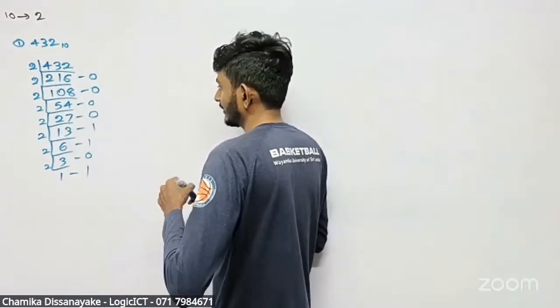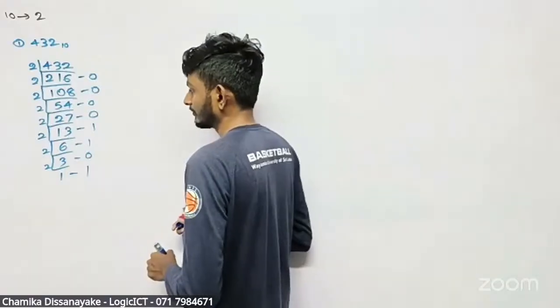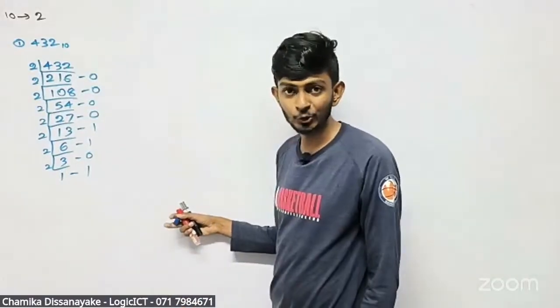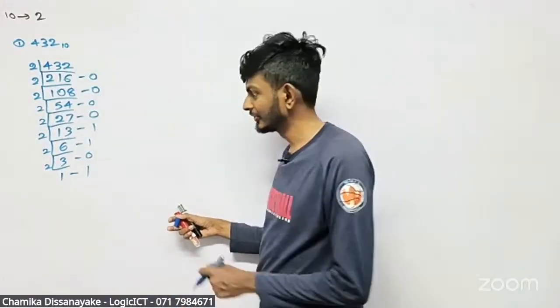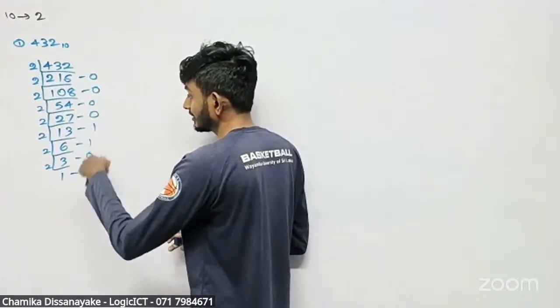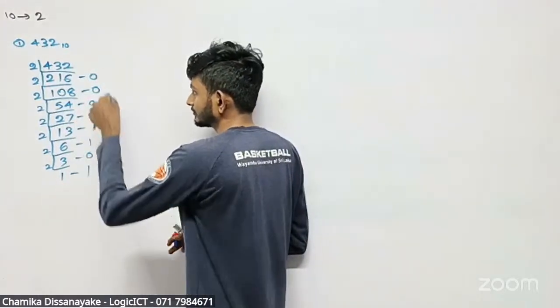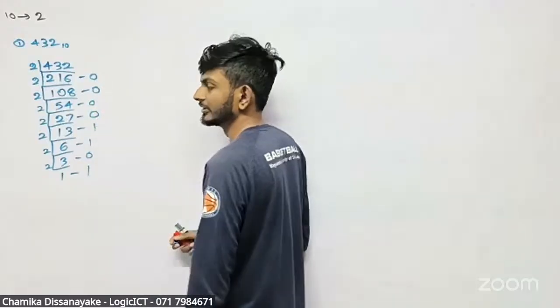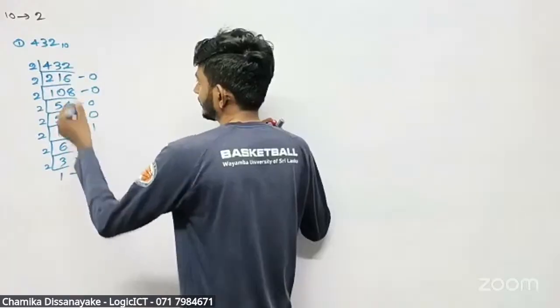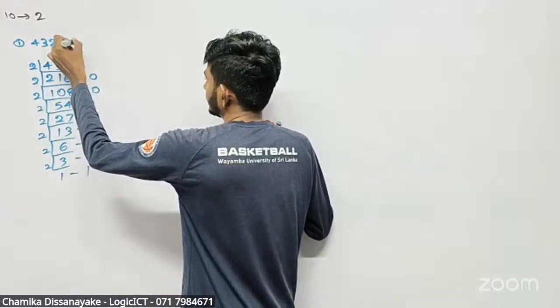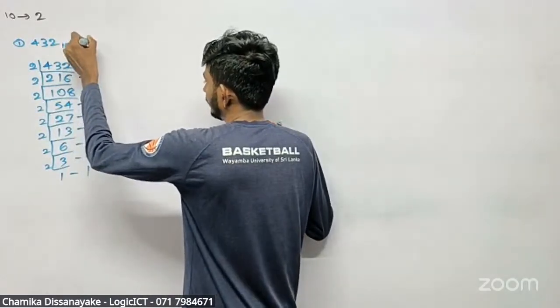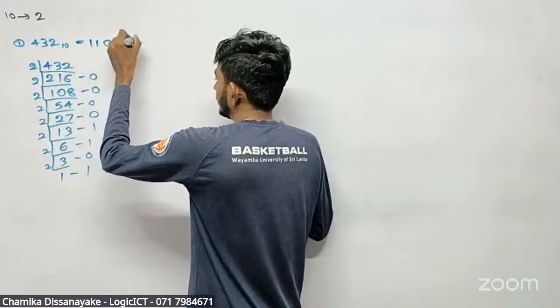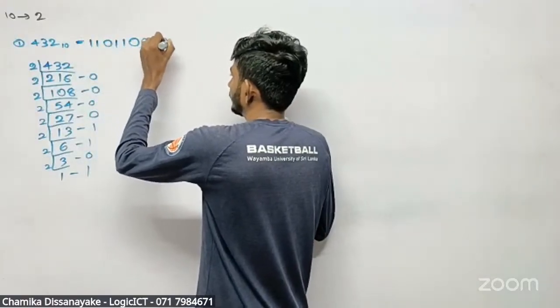Now we have to write the remainders from the bottom. We have to start from the bottom. So this is equal to 110110000.